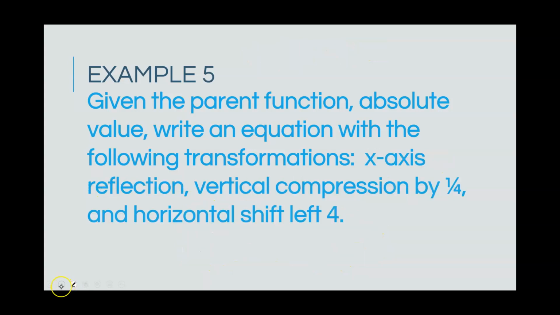All right. Next one is, given the parent function absolute value, write an equation with the following transformations. Again, repetition, that's why I keep saying this on every slide. Your parent function is y equals a absolute value of x minus h plus k. So I have an x-axis reflection. That is when your A is negative.